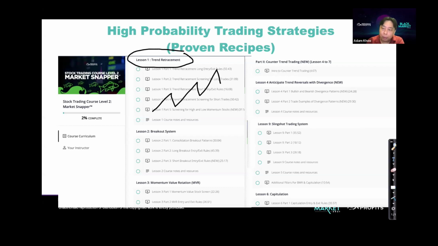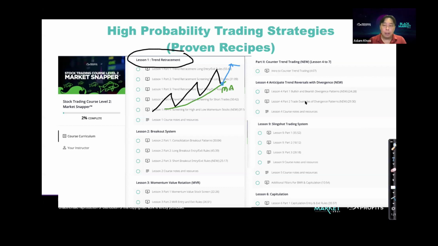So when it waves down to a support level, like a moving average or Fibonacci level, then we buy here. When we see a bullish candlestick pattern, get in, ride the wave up and take profit there. That's called the trend retracement.